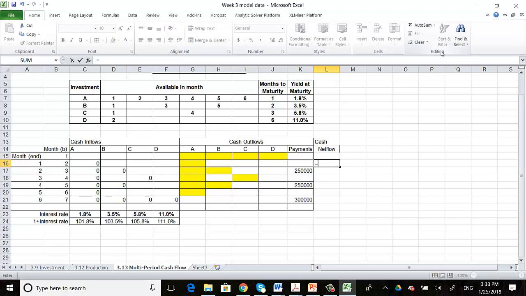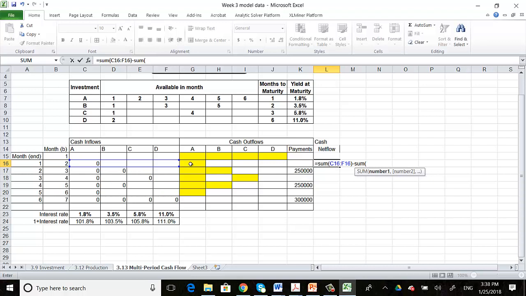Starting from the second month is sum of your cash inflows, right? You can sum this entire row. Many of them will be 0, but we use that formula so we can copy it all the way down. Okay, so the sum of your cash inflows subtract sum of your cash outflows.